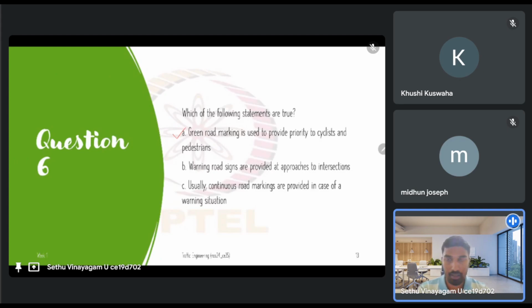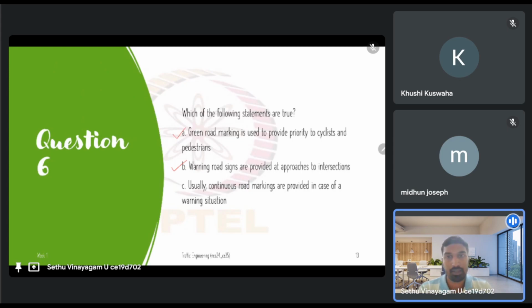So that is correct. B is warning signs. Warning road signs are provided at approaches to intersections. That is also correct, right? We looked at the three categories of signs: the regulatory, warning, and informatory. Warning signs, like the yield sign, are provided at intersections, right? The stop signs and the yield signs will be present at intersections. For example, when there is a yield sign, what does it mean?